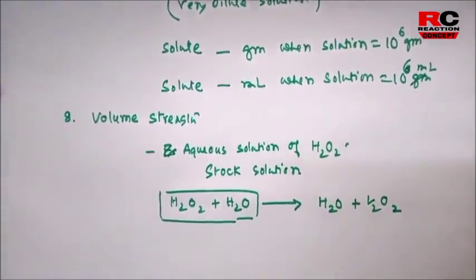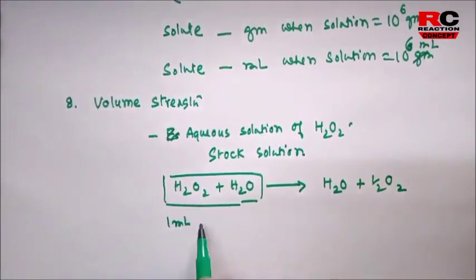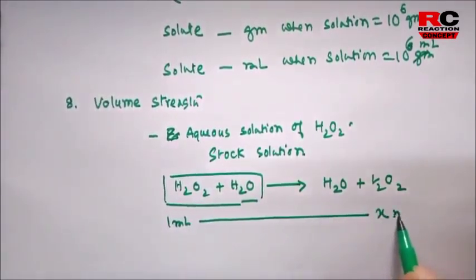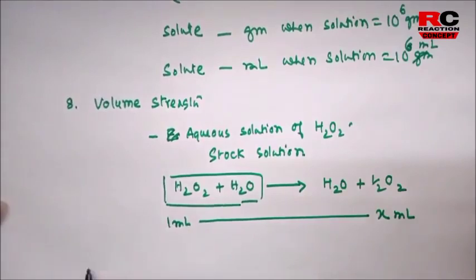Okay, so when 1 ml of hydrogen peroxide is decomposed and gives water and oxygen, then the amount of oxygen produced in terms of ml is known as the volume strength of a stock solution. Suppose you have a solution where the volume strength is given as 20 ml.